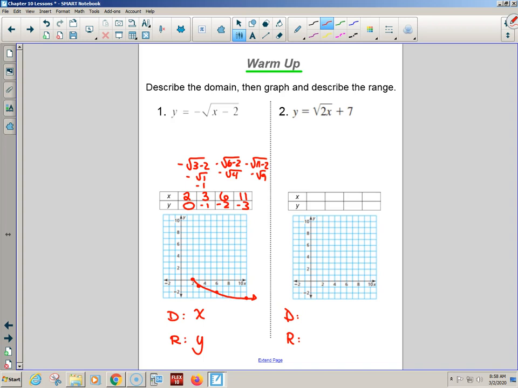The x's, are they going to the right, going higher, or going to the left, going lower? Look at the arrow. Which way are the x's going? To the right or to the left? To the right. That means higher, or above, or greater than or equal to. But we have to think about it. We're giving ourselves a range.